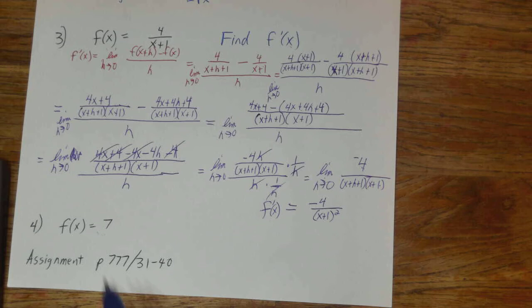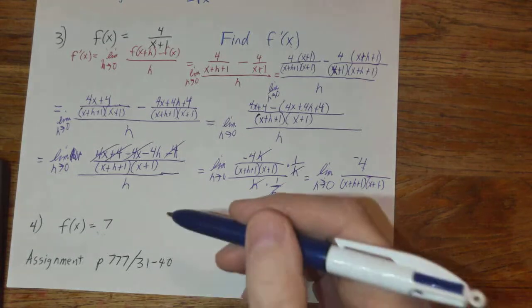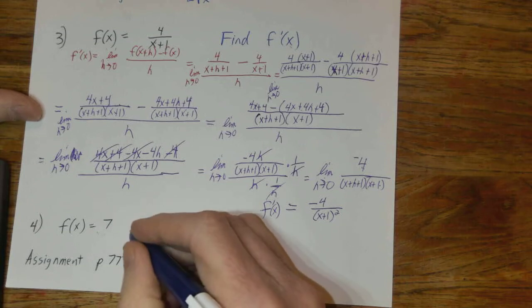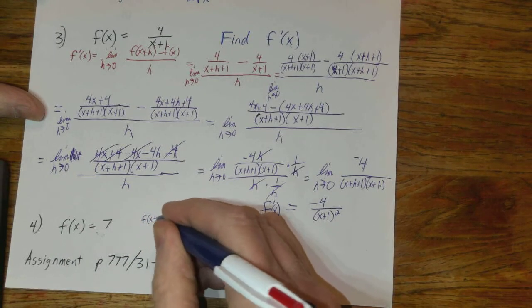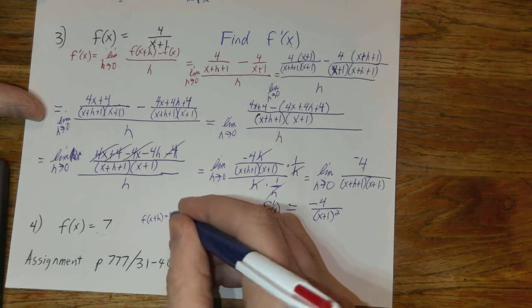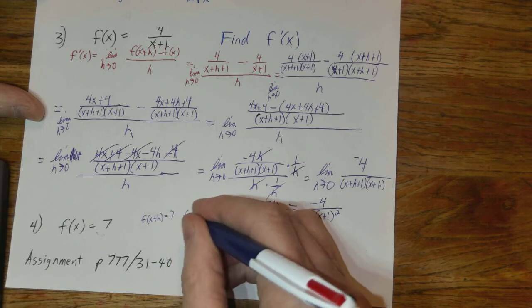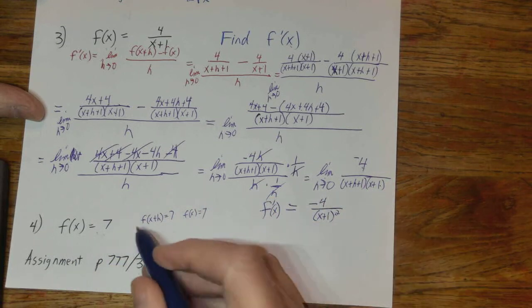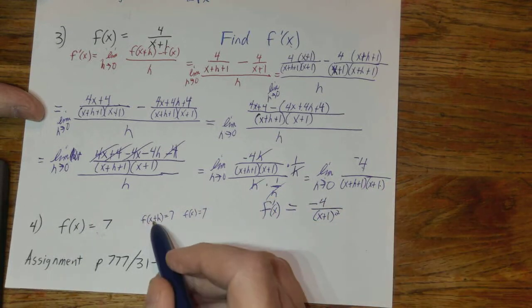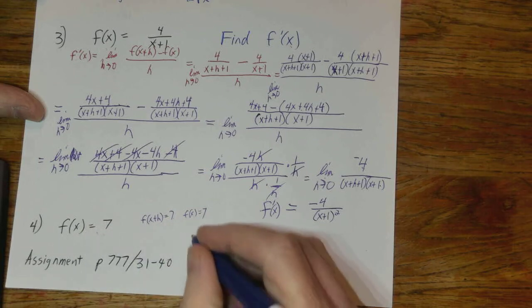Okay. I did that, just tack another one on here. Fourth example, f of x equals 7, the constant function here. I'm wondering what the derivative would be. Here's what's going to happen. f of x plus h is equal to 7. f of x is 7. So f of x is always 7, no matter what. f of whatever is always 7 in this function.